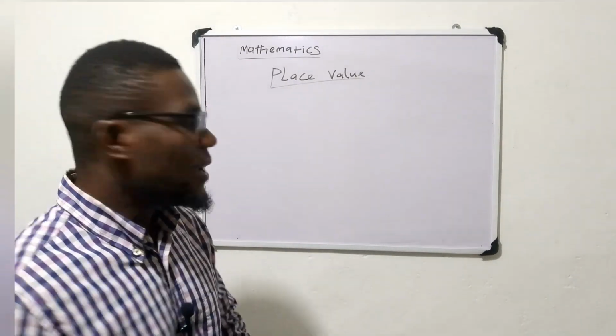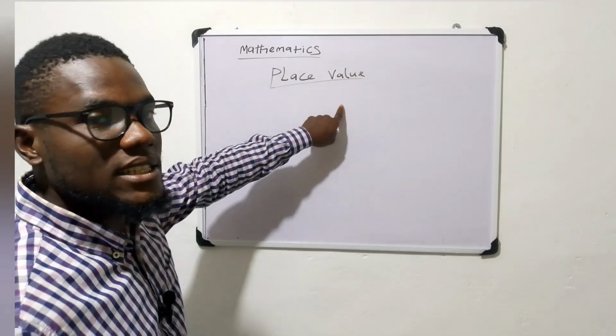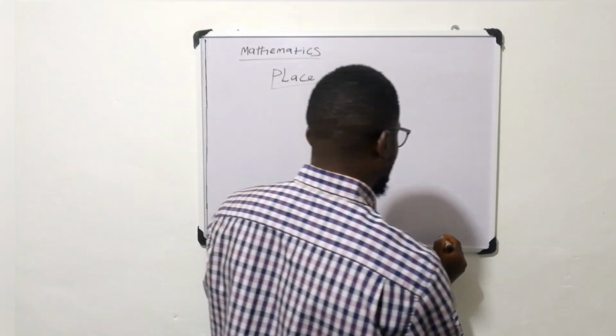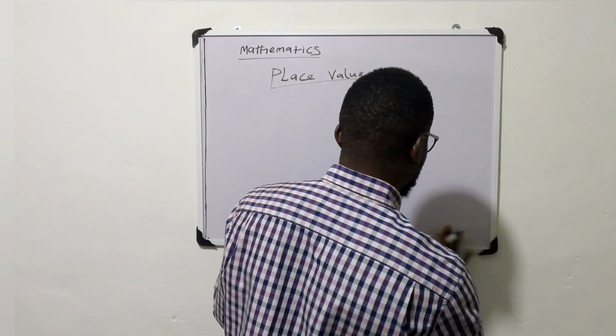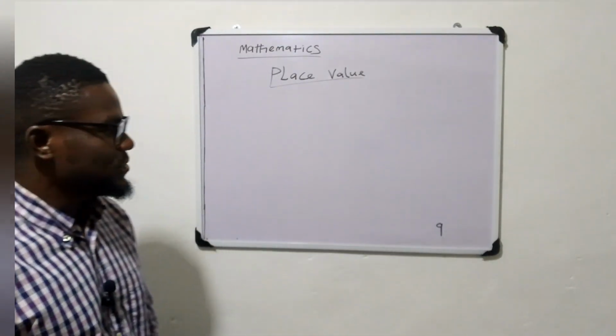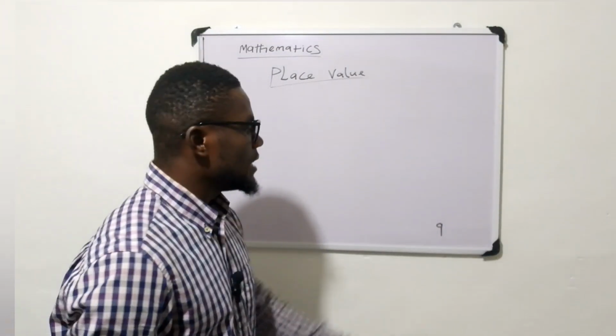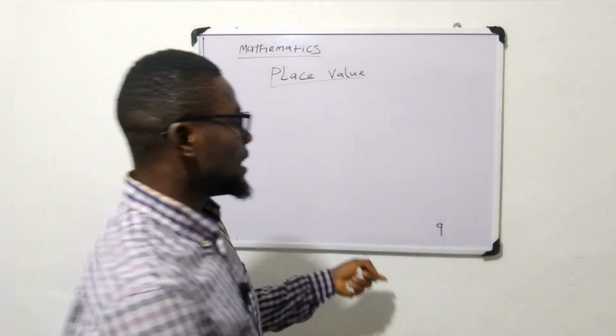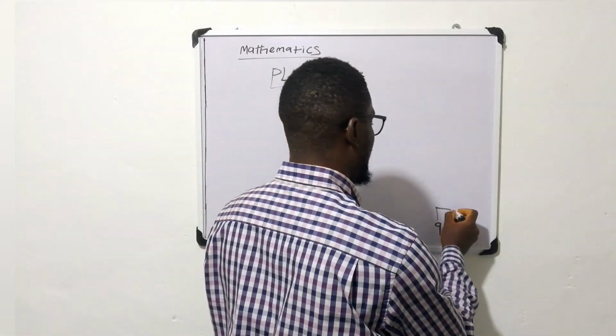Now let's proceed. From the 10 digits, we have 9 here. The value assigned to this 9 is ones.